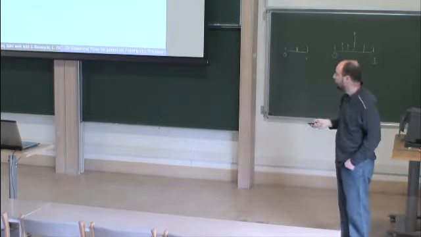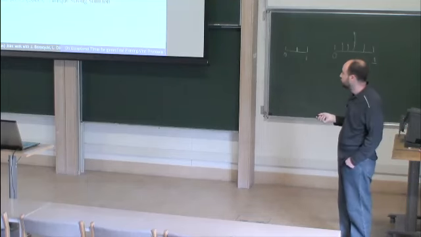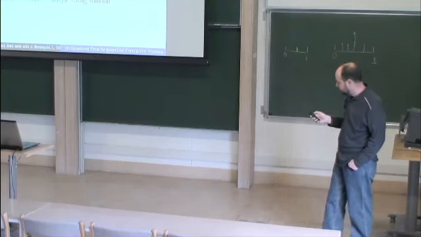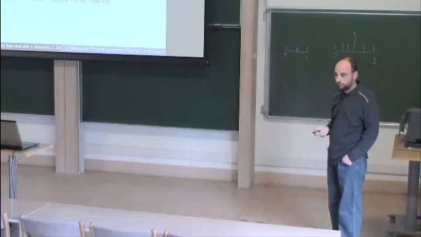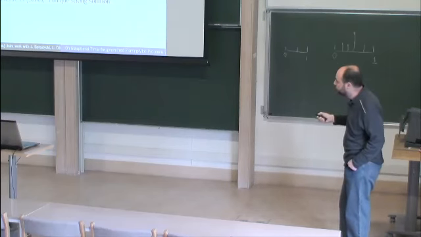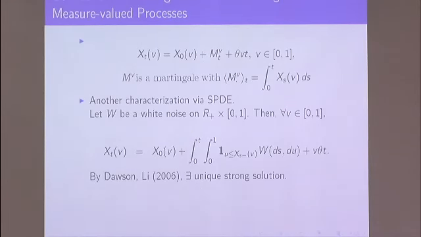Okay. And again, you can write the SPDE. And again, it's similar to what we had before. You have 2-parameter white noise, and this one gives you the amount of noise in the system. So again, if you take the quadratic variation, you immediately get this one.